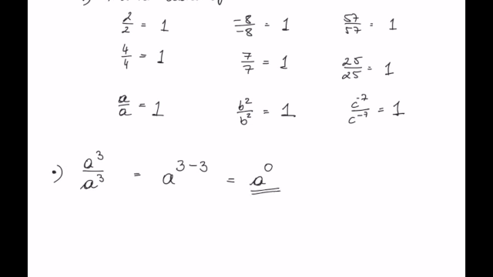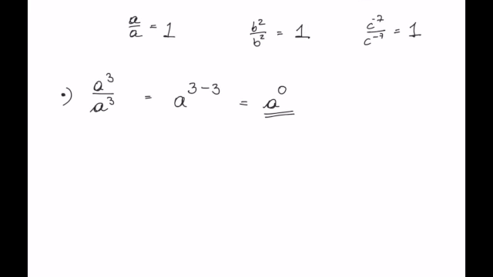And this is very, very important now, because what this means, and this is what this whole chapter is about, is that we just found out that a to the power of 0, for any a, doesn't matter which number, is always 1. The only thing that needs to be true is that a can't be 0.